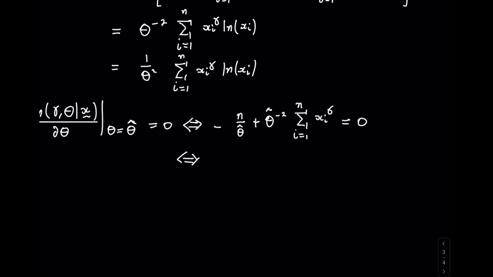And I'm going to rewrite, so 1 on theta hat squared, sum i equals 1 to n xi to the gamma equals n on theta hat.